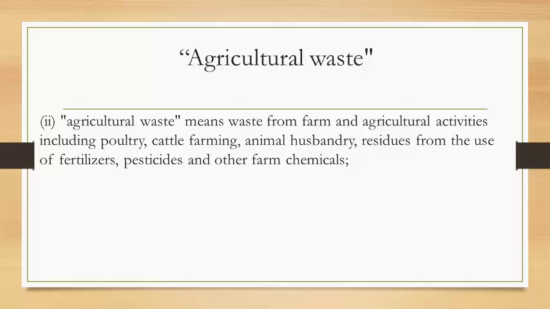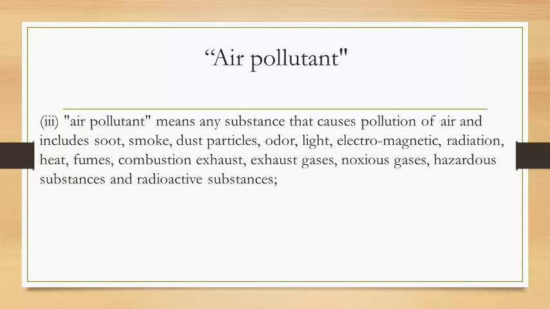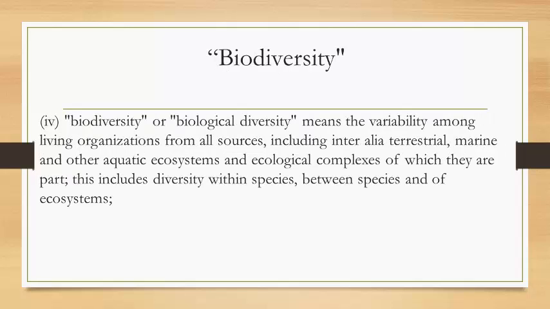Air pollutant means any substance that causes pollution of air and includes soot, smoke, dust particles, odor, light, electromagnetic radiation, heat, fumes, combustion exhaust, exhaust gases, noxious gases, hazardous substances and radioactive substances.